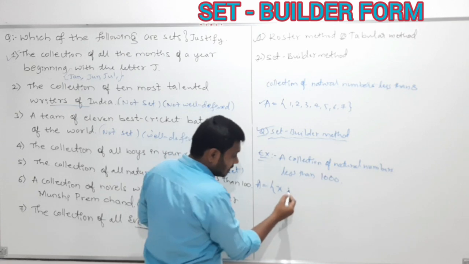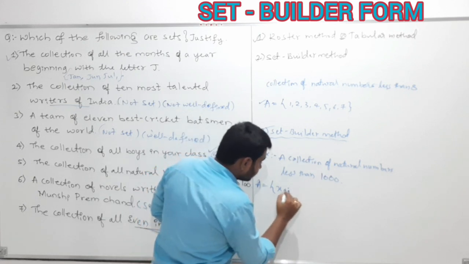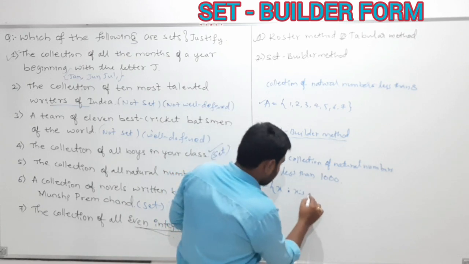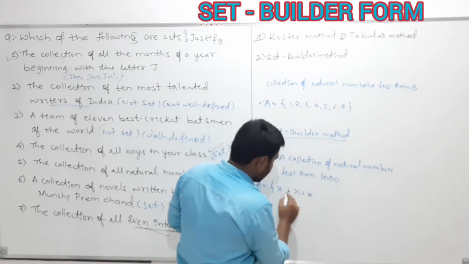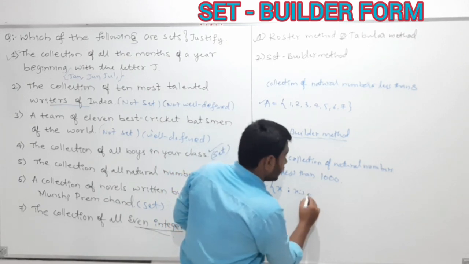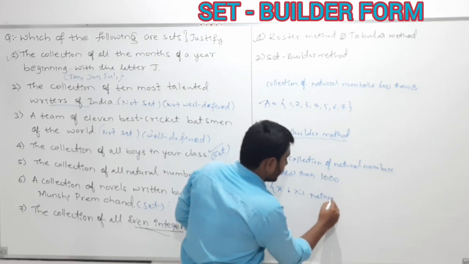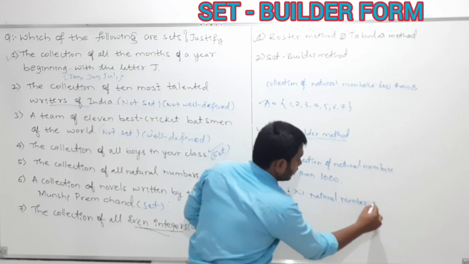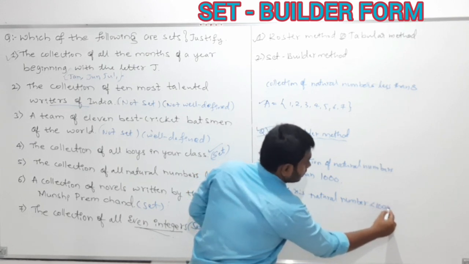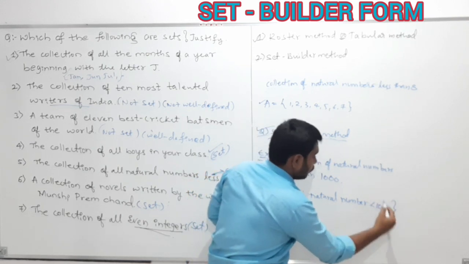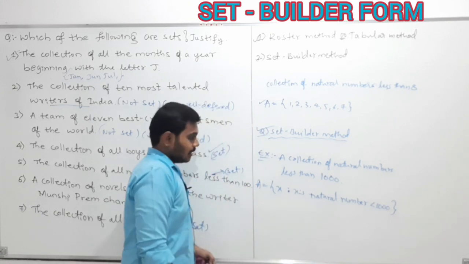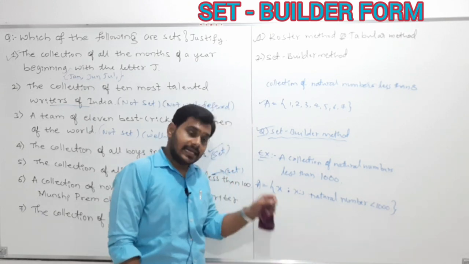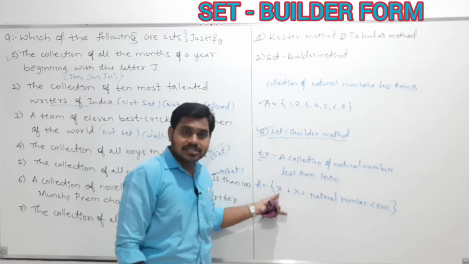We write: x is a natural number less than 1000. My dear students, instead of writing 1, 2, 3 up to 999, we will write only this much.